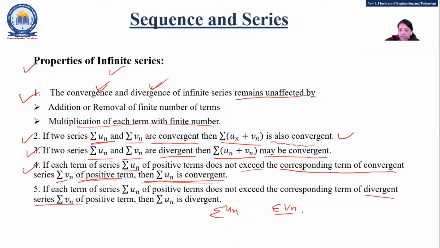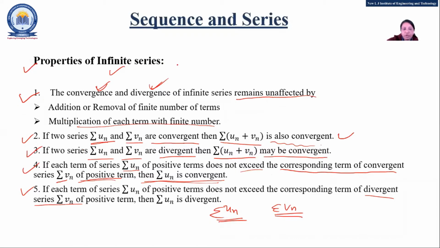If vn is convergent, then un is also convergent when all positive terms of un do not exceed the corresponding terms of vn. But if vn is divergent, then un is also divergent. So that is the fifth.